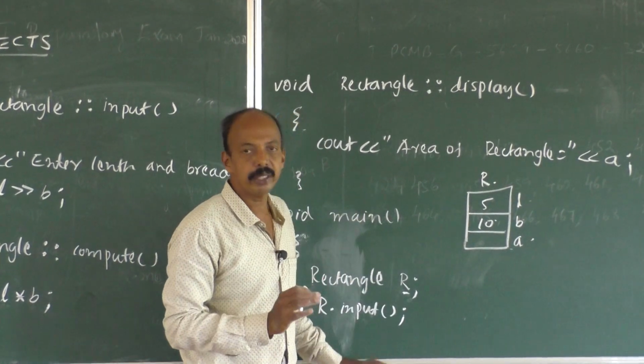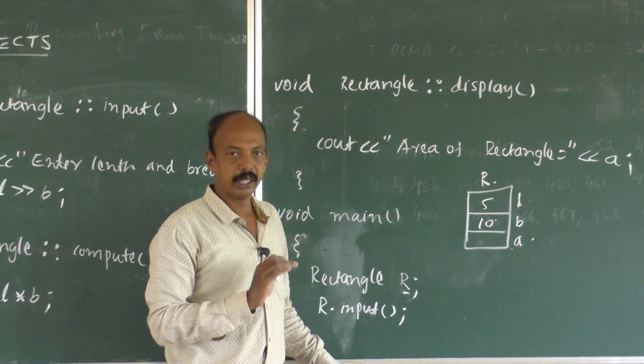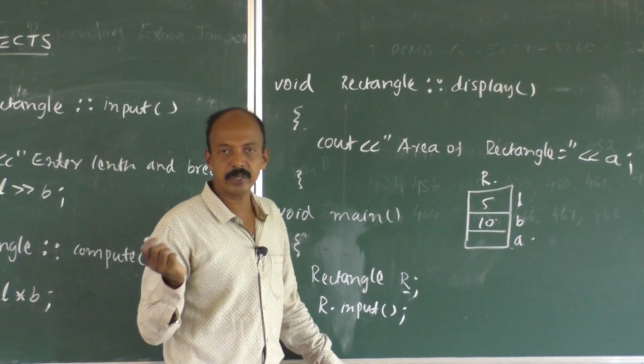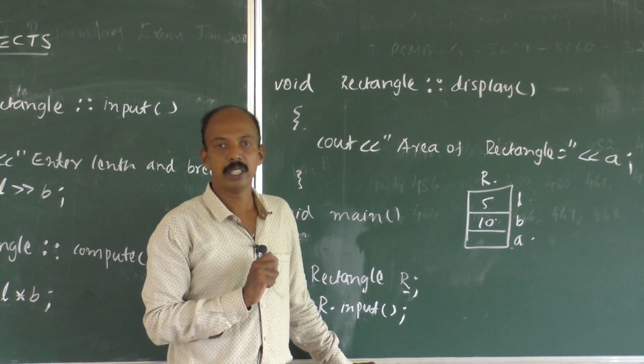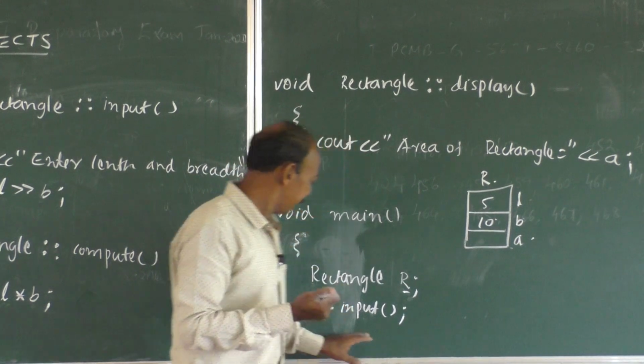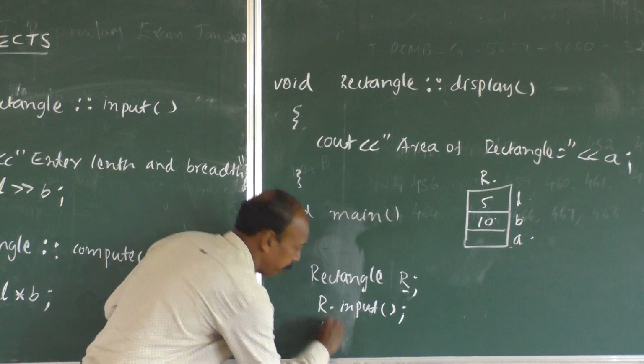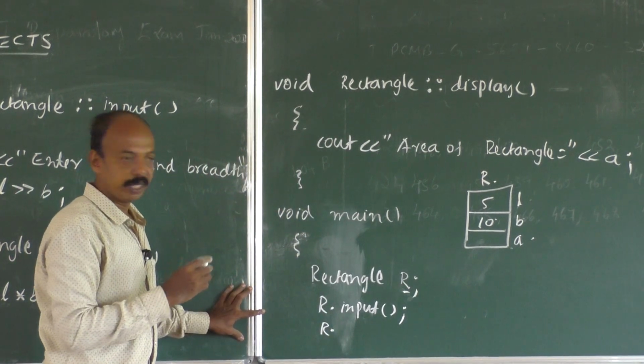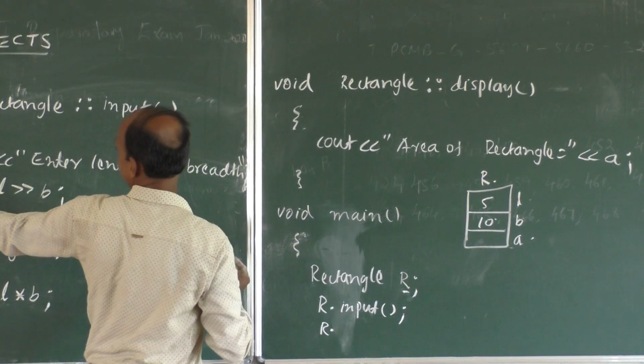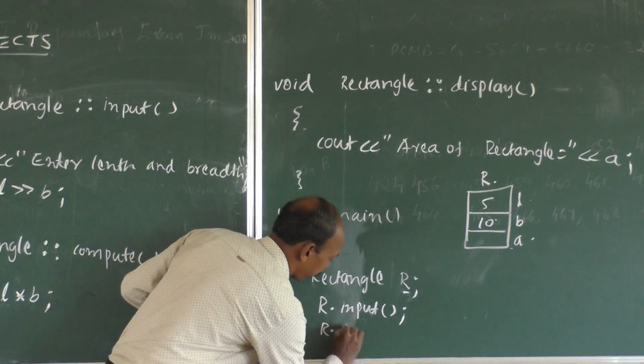Only the input part is done. Whether we have calculated? No, we have not calculated. To calculate, once again the second function compute has to be called. So how to write that? Again, same syntax, that is object name dot function name. Which is the function? That is the second function. Second function is compute.